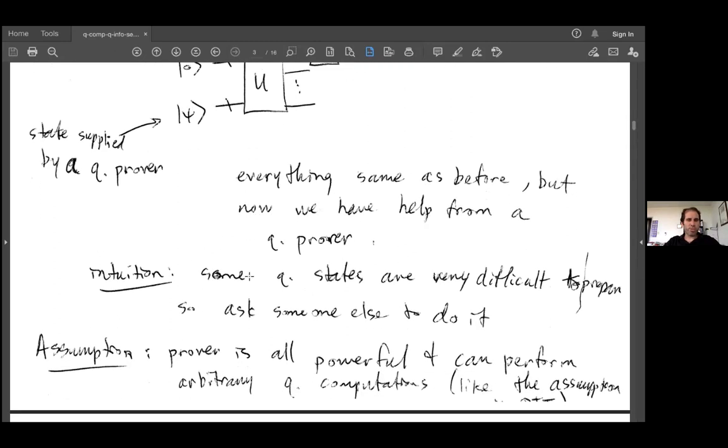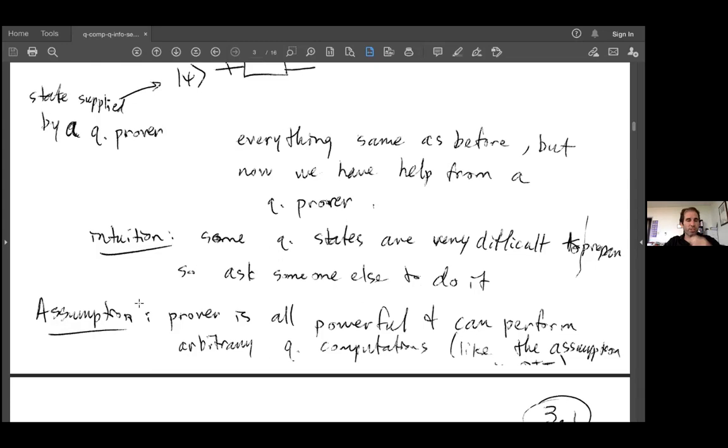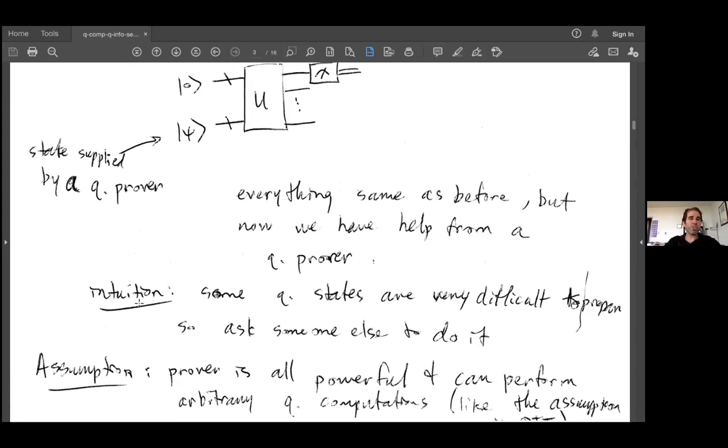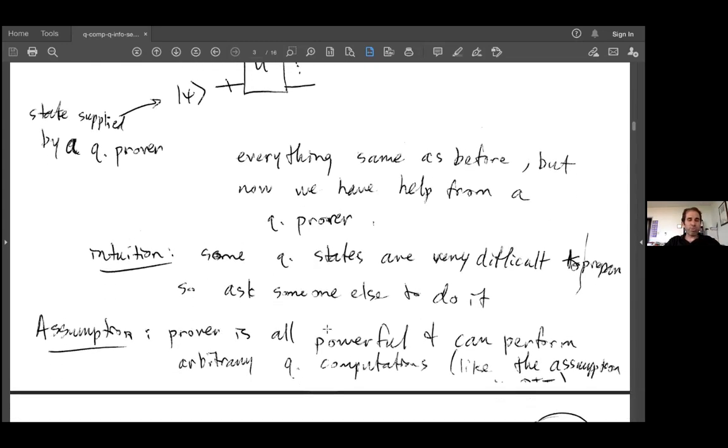And the intuition is, I think I said it, but some quantum states are very difficult to prepare, okay? And so you ask someone else to do it. And the assumption of this model, I'm just restating it: the prover is assumed to be all-powerful and can perform arbitrary quantum computations.